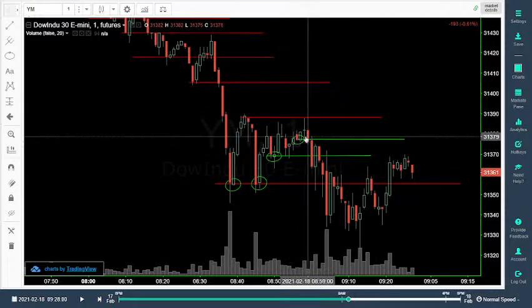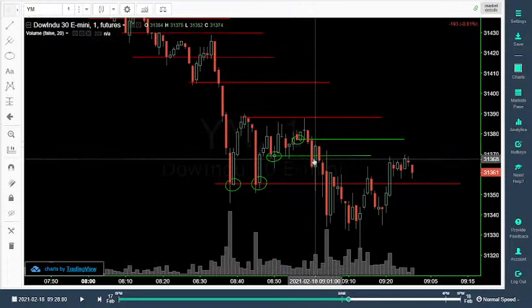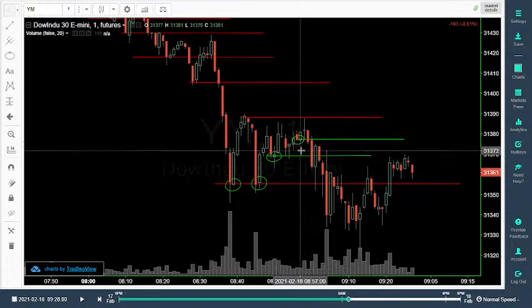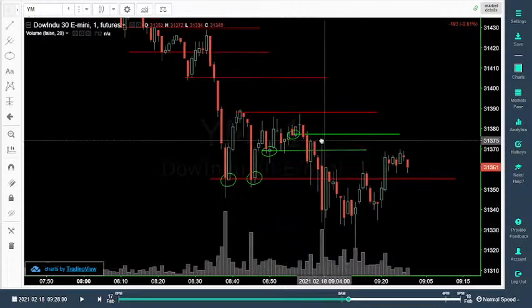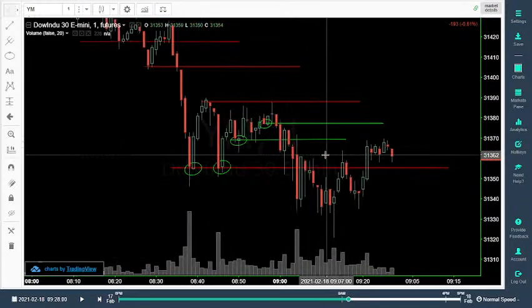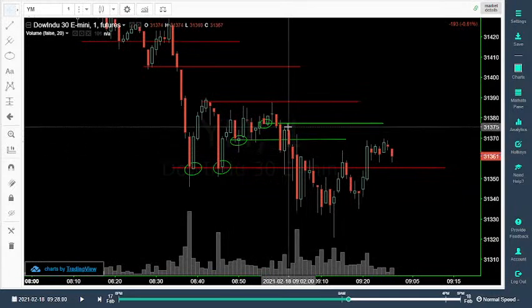So now that we have that marked up, look how prices came back to retest that level. The low for this higher low right here is 31,376. The high for this candle right here is 31,375. So that goes back to that 1 tick rule I told you guys about earlier, where if prices are coming back up to retest that previous low, if they come 1 point within it and then get rejected, that's a very bearish sign, and that's something that you definitely want to look for when you're trading a downtrend.